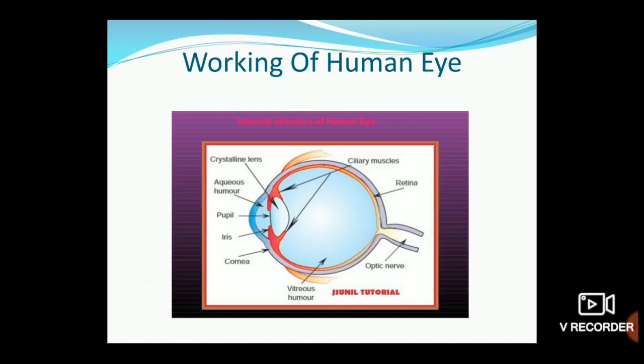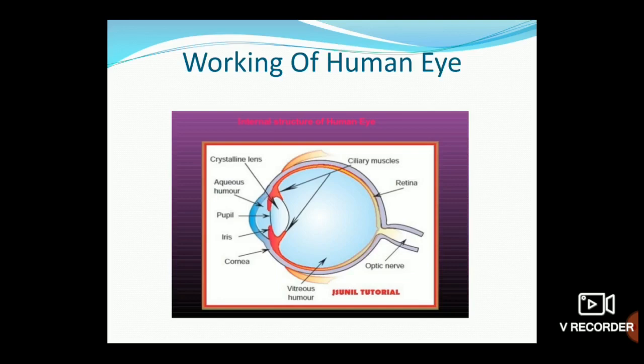Suppose the object is near to the eye, there the ciliary muscle contracts. When it contracts, the focal length reduces. When the focal length reduces, the eye lens becomes thicker. So now let me go about the working of human eye.